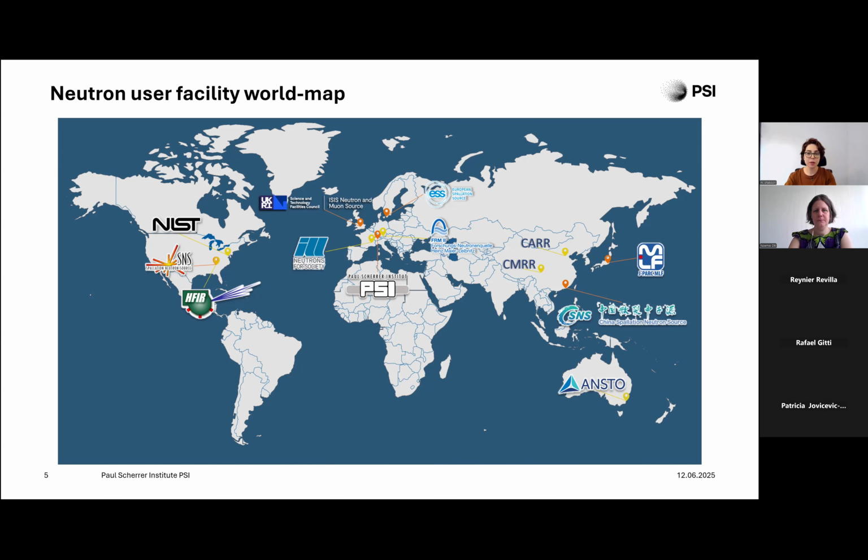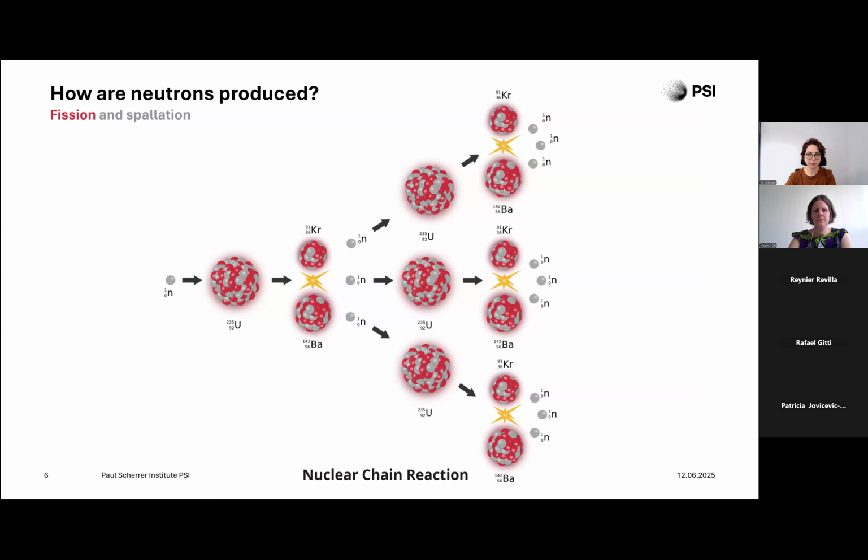These user facilities generate neutrons by one of two core routes: fission-based production in a research reactor, or spallation in proton-driven targets. Generally, reactor or fission-based sources deliver a bit higher steady-state flux and greater brilliance for imaging.